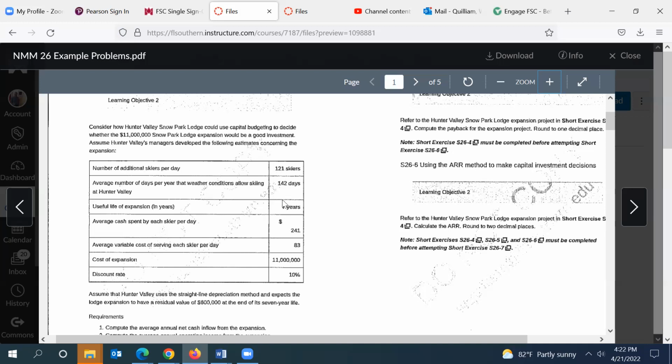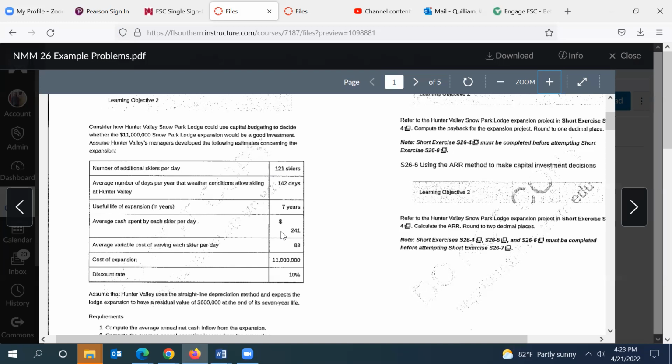So we would also multiply that, as we did the other day, by 121 and 142. That gives us the relevant costs. We subtracted the relevant cost from the relevant revenue, and we got the net cash inflow from the skiers.